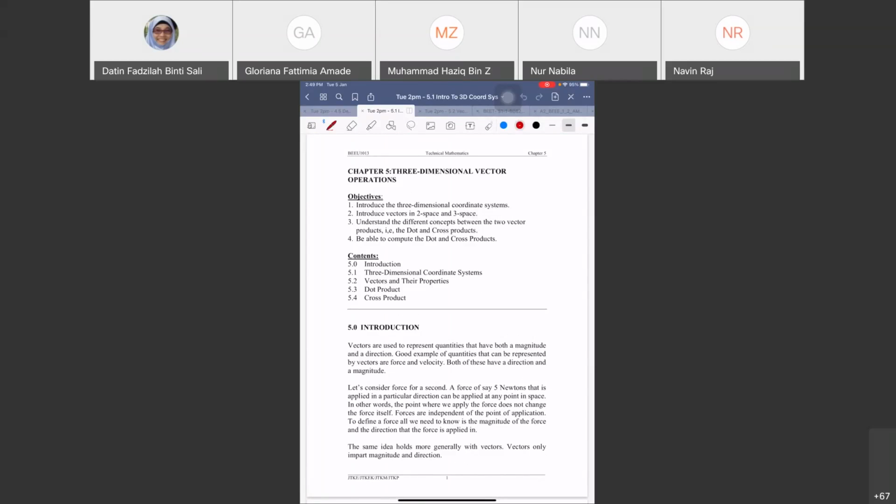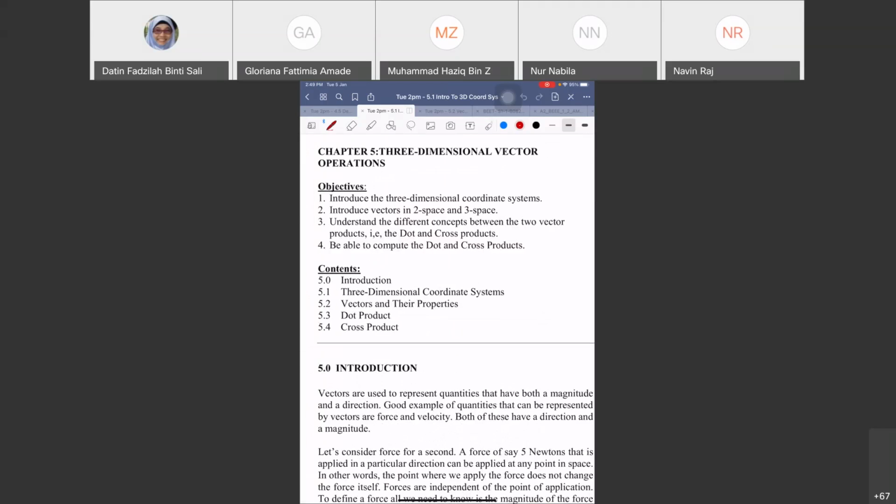Last chapter for the course, which is about the three-dimensional coordinate system and vectors. The main part of the topic is on vectors. Let me go through the objectives of the chapter quickly.